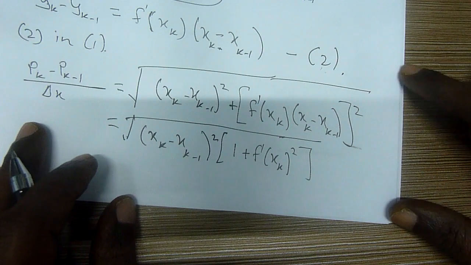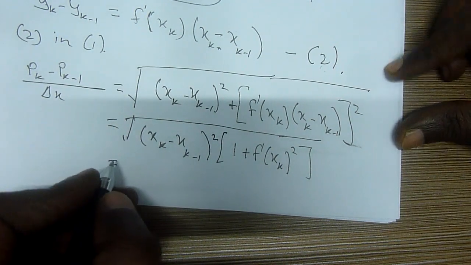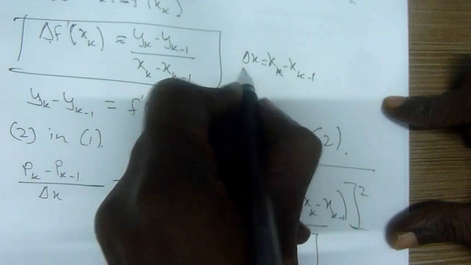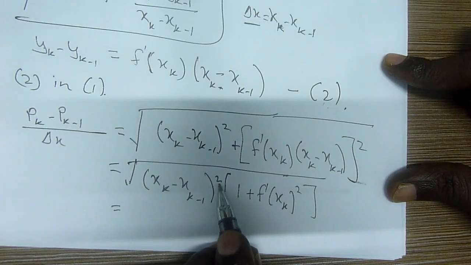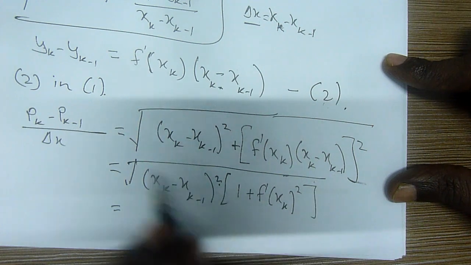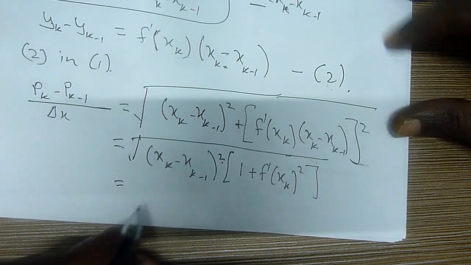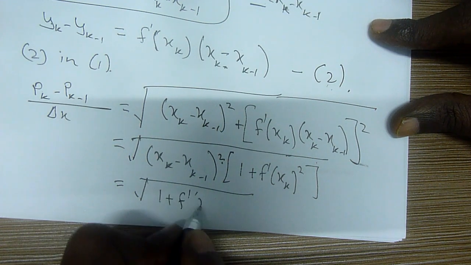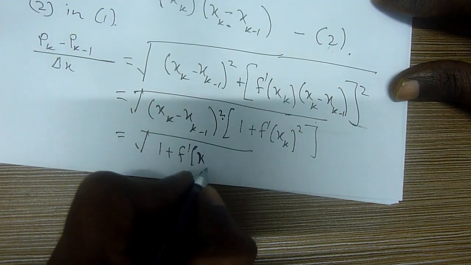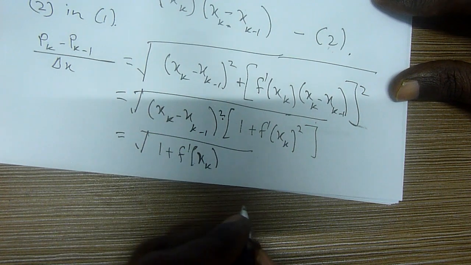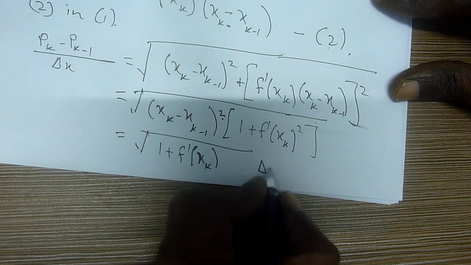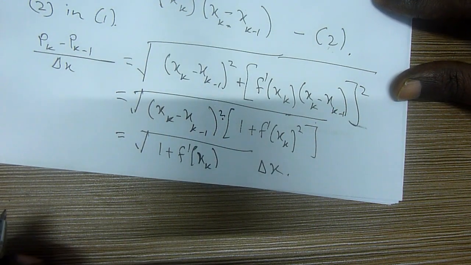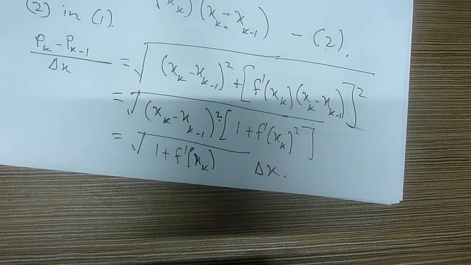Therefore, in simple terms we can define the whole thing, and this representation here, del x, and since it's a power square root, automatically it will cancel off. Therefore we will get 1 plus f prime xk squared, and this one taken out, which later becomes a dx. For the one particular case we have already done it.